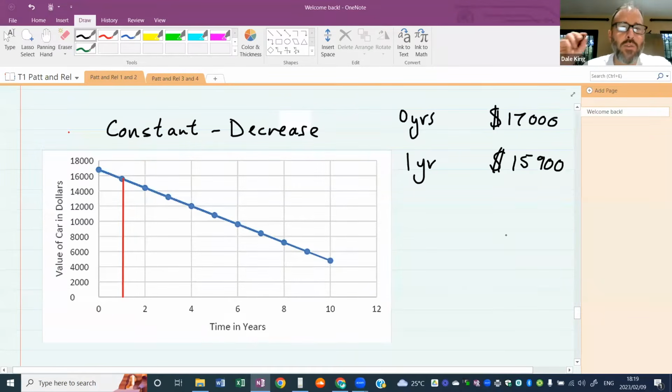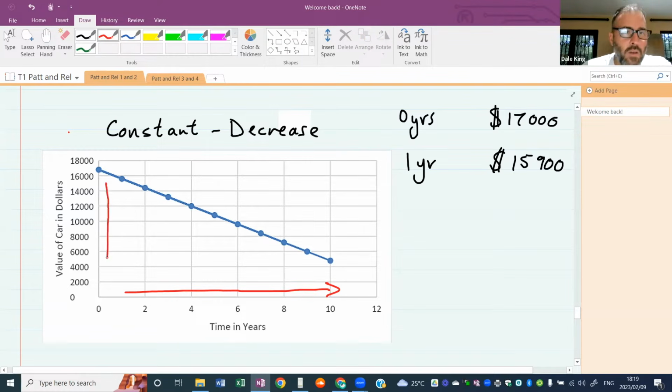All right, now this happens to all cars, except for some really fancy collector's items, like Ferraris. They don't really lose their value that much. They hold their value. But most cars that we drive every day, they lose their value. So as the years increase, if I draw an arrow over here, as the years increase on the x-axis, so the value of the car decreases.